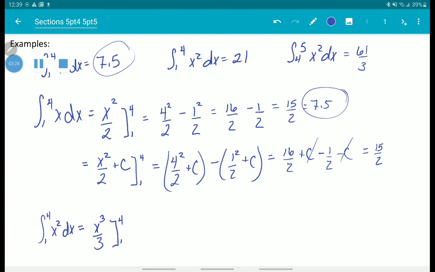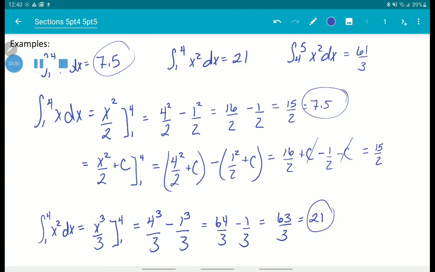So I do not need the plus c. It's just going to cancel out. So we're going to substitute in the top limit, minus substitute in the bottom. So I've got 64 over 3 minus 1/3. Now 63 over 3 reduces to 21. So that's where that came from in that last section.